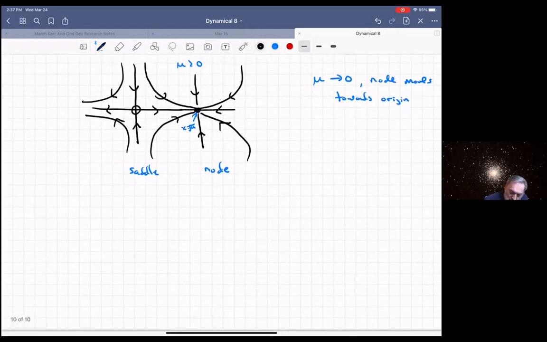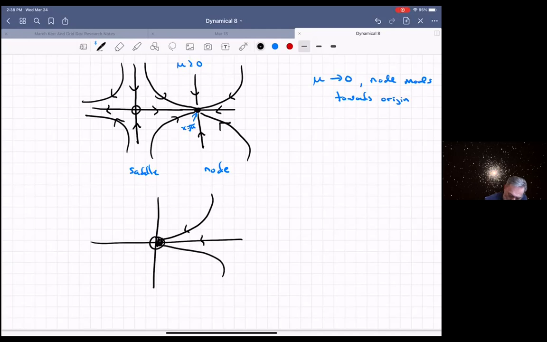And so at mu equals 0, the saddle and node combine.